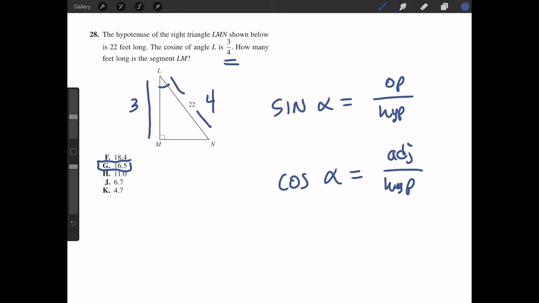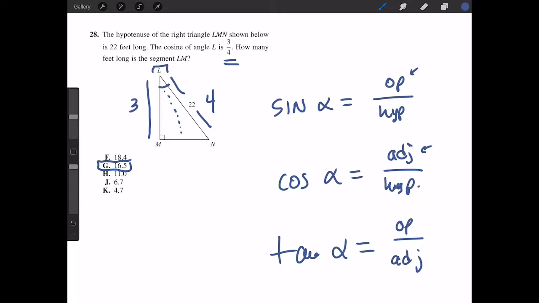Cosine of an angle is equal to the adjacent side to that angle divided by the hypotenuse. And finally, the tangent of an angle is equal to the opposite side to that angle divided by the adjacent side to that angle. So it doesn't matter which angle you're talking about, you just need to be careful that you know which one is the opposite side or the adjacent side to that angle.